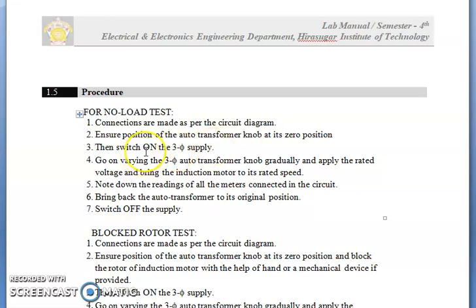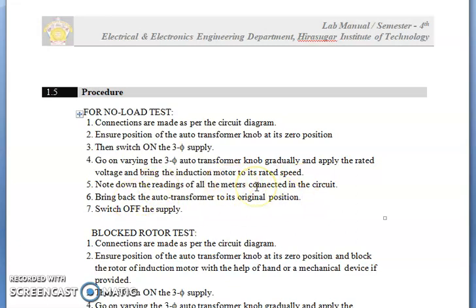Then we have to turn on supply through the triple pole single throw TPST switch. Then we have to vary the three phase auto transformer knob gradually till the rated voltage is applied to the induction motor. As rated voltage is applied, the machine begins to run at rated speed. Then we have to note down the readings corresponding to that no load condition with rated voltage.